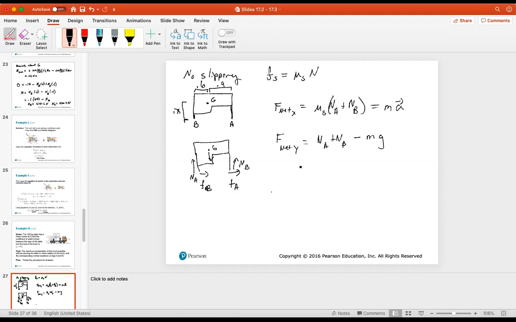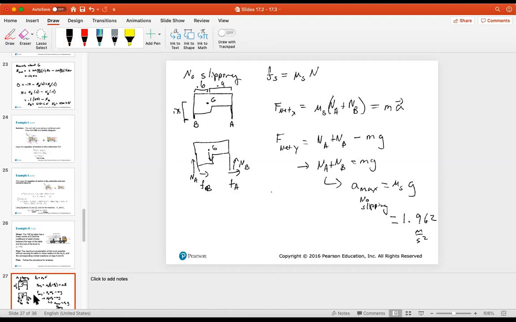And we immediately see that the normal force at A plus the normal force at B equals mg. And from that, I see that A max, with the no slipping condition, equals mu s times g. I plug in numbers, and that gives me 1.962 meters per second squared, because mu s is 0.2.